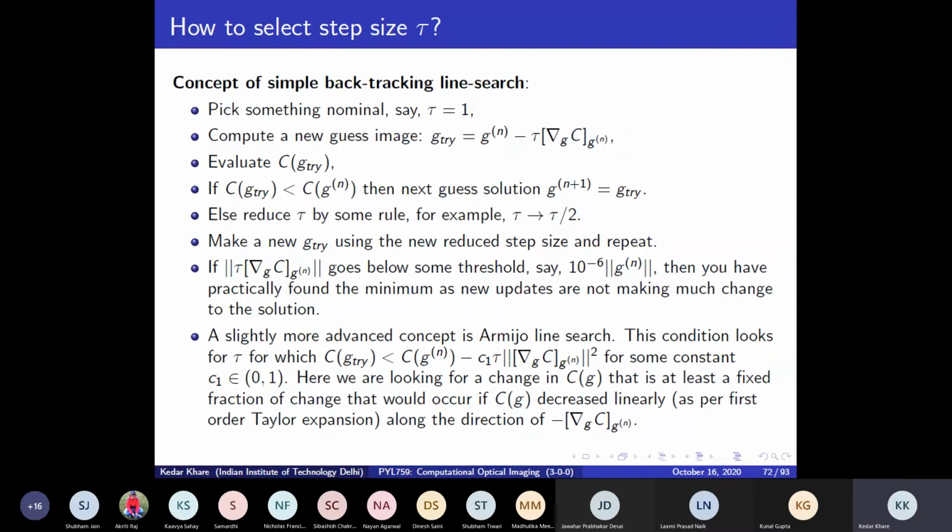And then you can say that I have practically found a minimum, as the new updates are not making much change to the solution. So both things are important, the step size as well as the gradient itself.